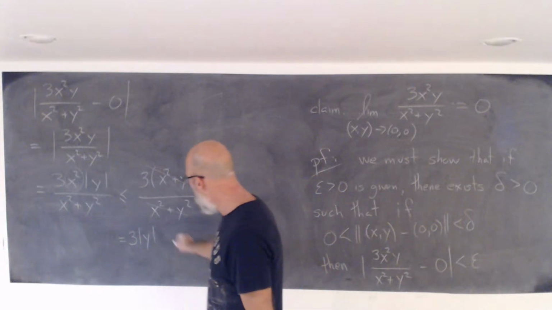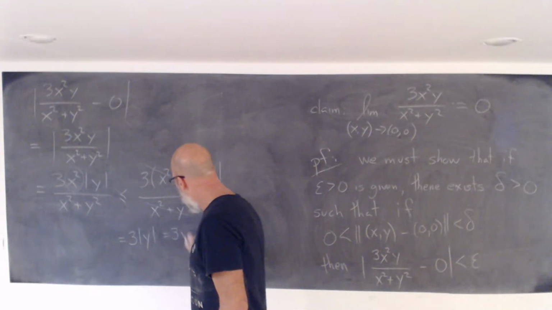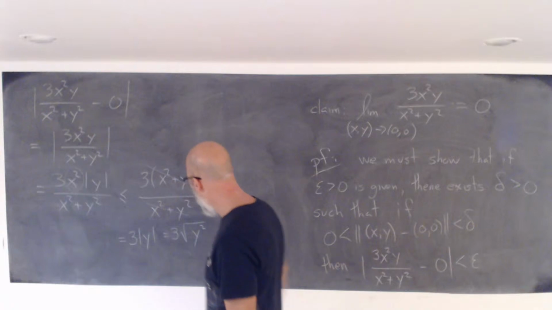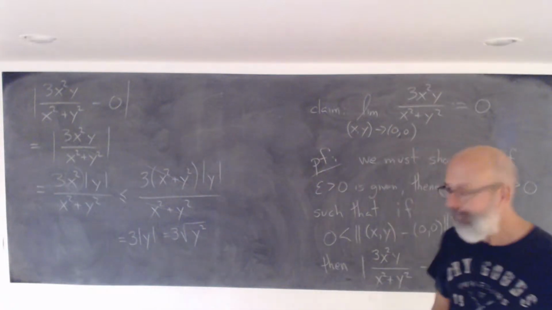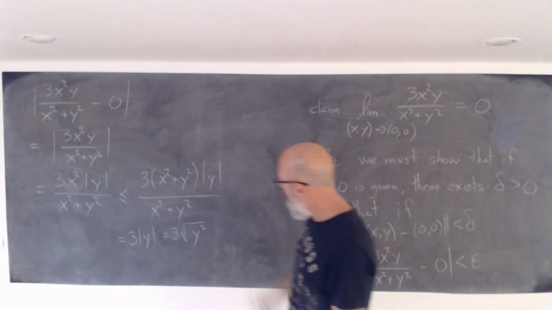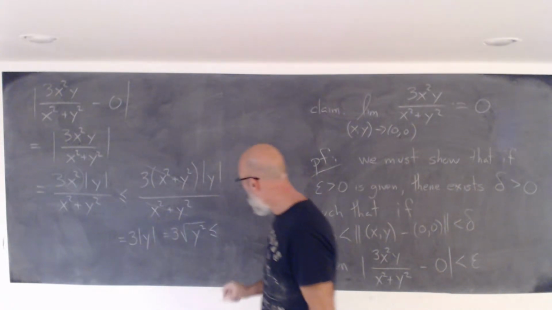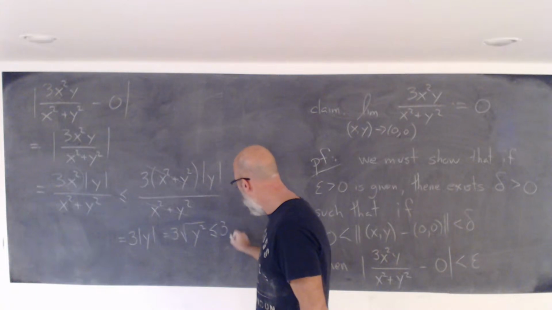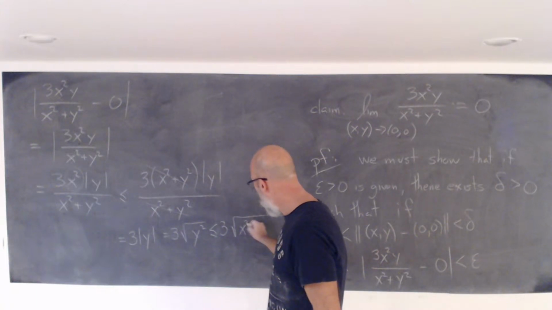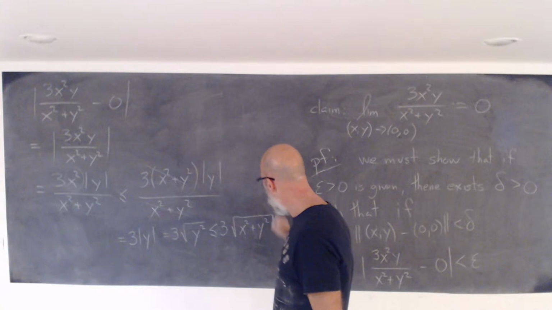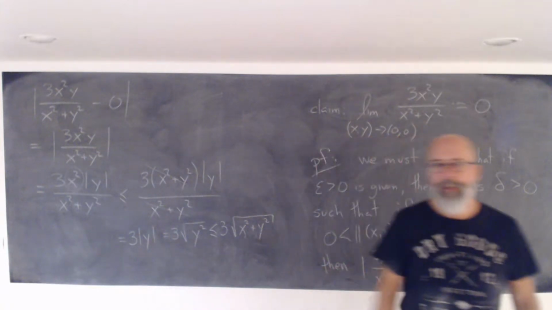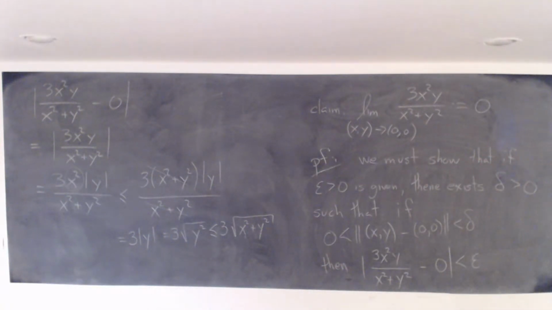But absolute value of y is just the square root of y squared. And I'll do exactly the same thing I did before. I'm going to make this bigger by adding a positive quantity, namely the x squared.